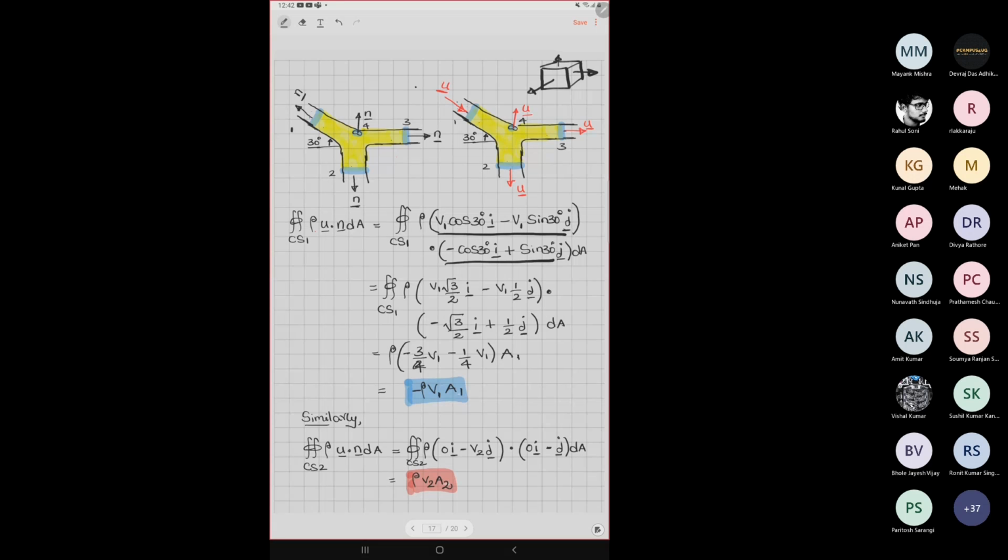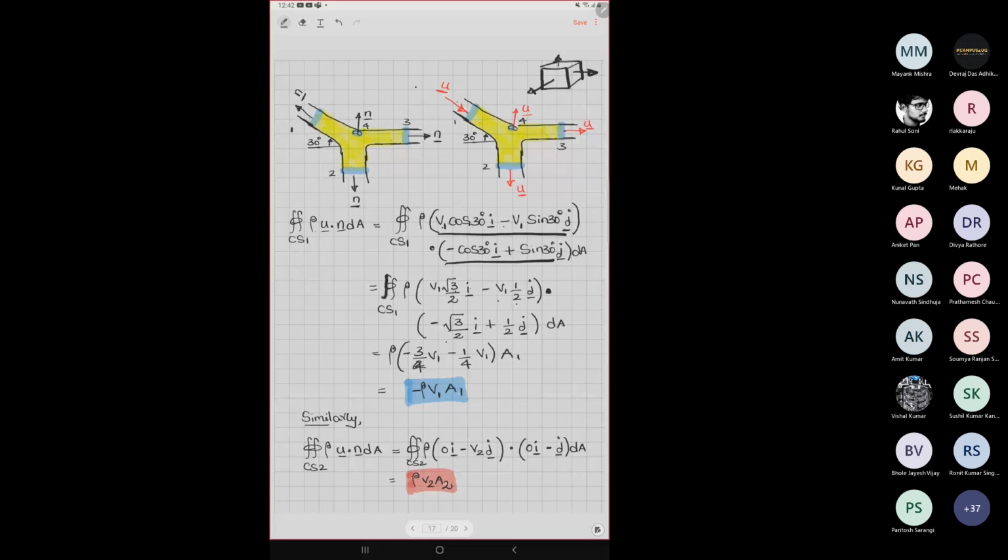Rho U dot n dA means dotting with n dA. That means V1 cos 30 squared. Cos 30 is how much? Root 3 by 2 I minus V1 sin 30, which is 1 by 2 J, dotting with minus root 3 by 2 I plus sin 30, 1 by 2 J, multiplied by dA.